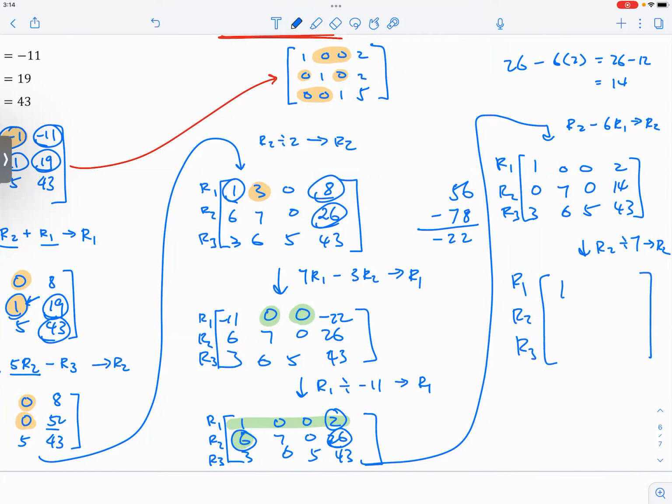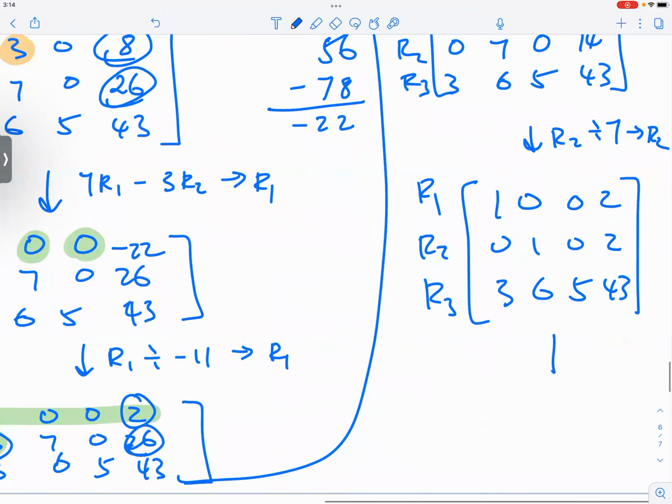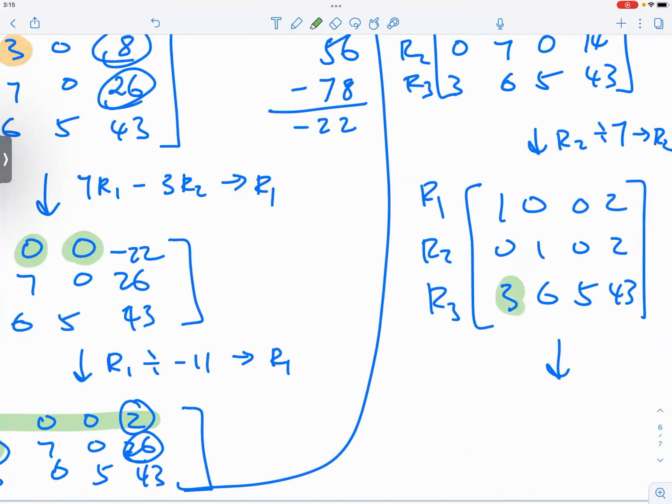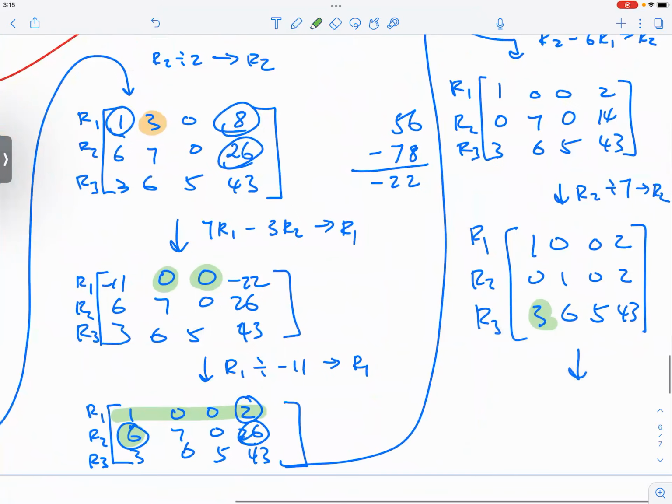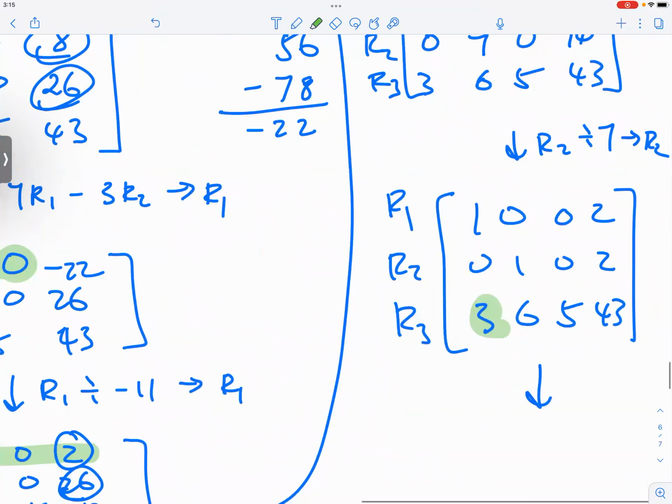Again, we have 1 0 0 2, 0 1 0 2, and then now we just have to figure out what's happening at the very end. Okay, and at the very end, let's go ahead and make the first number here 0. All right, let me go ahead and shrink this a little bit, actually.